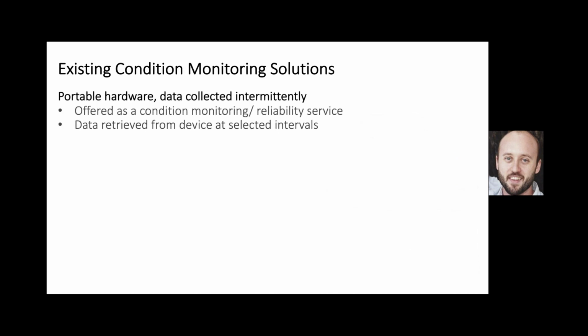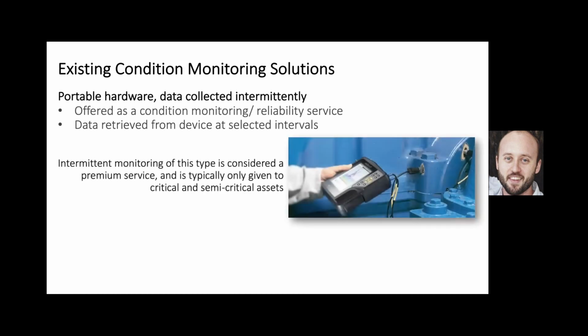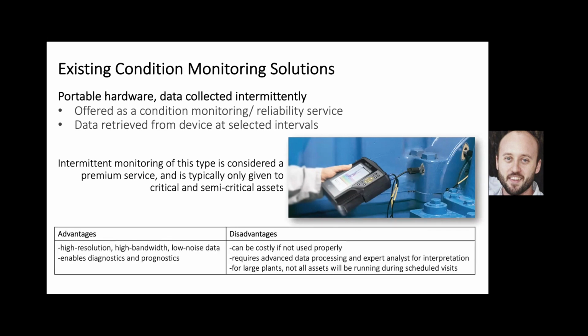Another level of condition monitoring solution is what we call intermittent data collection. And this is typically offered as a service where there are maintenance and reliability service providers who offer to show up on site maybe once every month to collect data, or if the maintenance manager believes that a piece of machinery is faulty, maybe someone shows up on site to collect high fidelity, high bandwidth data, and then analyze that offline.